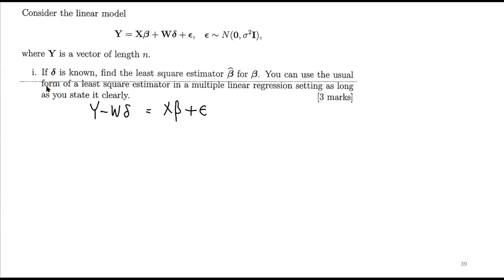Now the right-hand side is in the usual format, and so this is just our new dependent variable. I'll just call it y star. And we want to find beta hat, the least squares estimator.